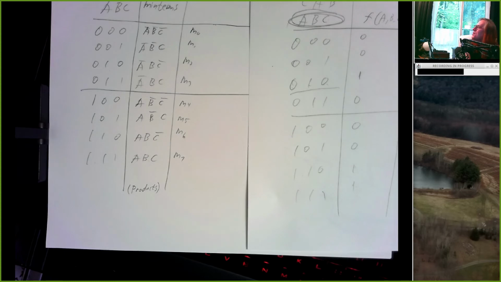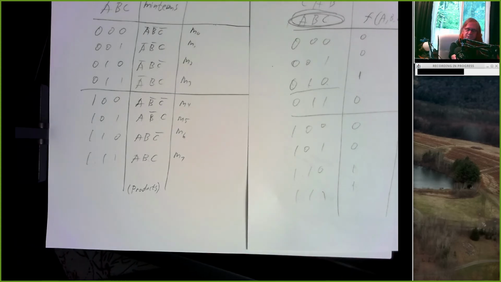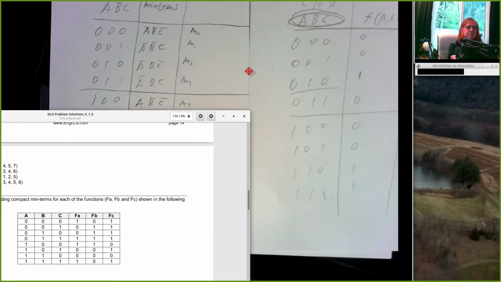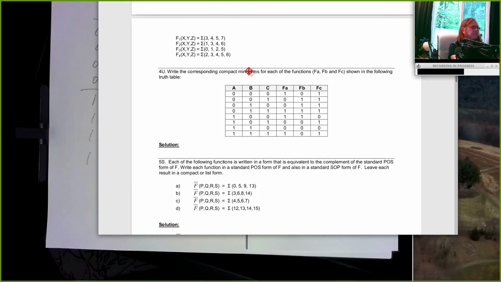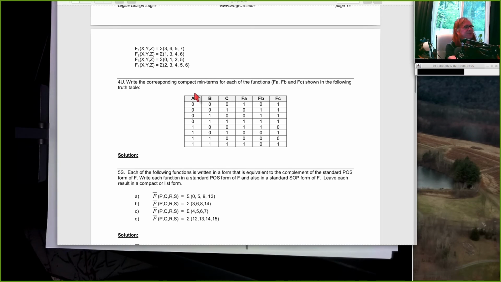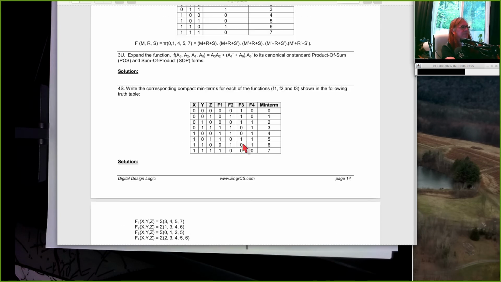So your homework has a lot of questions related to this. For example, write the corresponding compact minterms for each of the functions fa, fb, and fc. So here's 3 inputs, a, b, c. Here's one output, fa. Well, let's go to the solved one. Here's one output, f1.